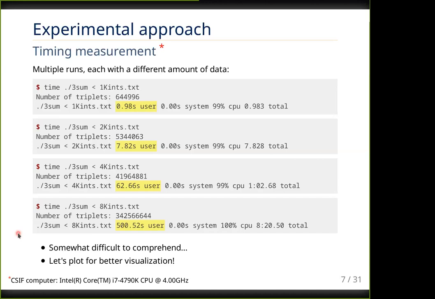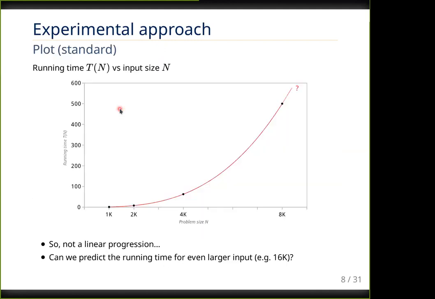Maybe that'll be helpful. So what I did is that I used the size of the input as the x-axis, and the running time as the output, the y-axis. And I plotted that, and that's what I get. On the x-axis, I have the input size: 1,000 integers, 2,000, 4,000, and so on.